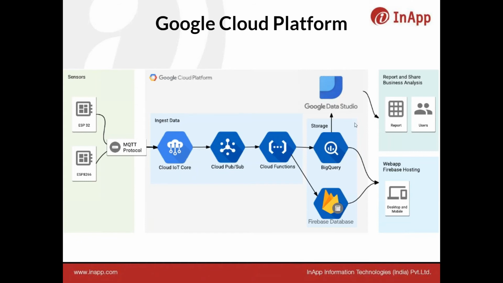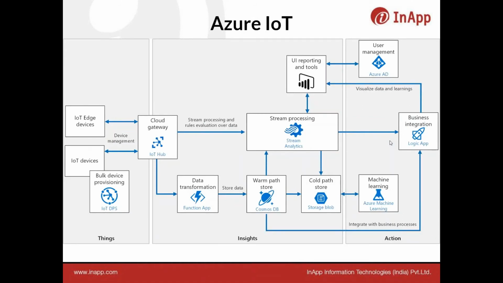The same process is available for Azure, Microsoft Azure. I just put it here because there are other platforms available, just to make you aware of that. So it is called IoT. The devices will be sending to the IoT hub. AWS will call it IoT hub, Azure will call it IoT hub.